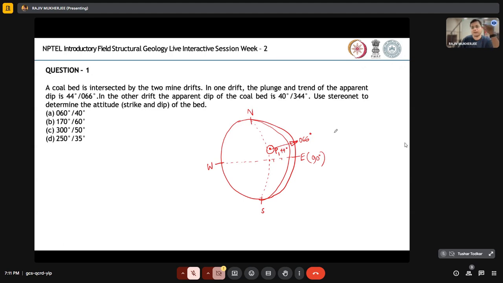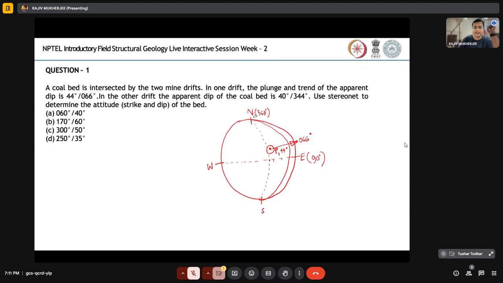Similarly, 344 will be another point, right? You all know that this is 360 degrees as well, not just 0 degrees, if you count in the clockwise direction.